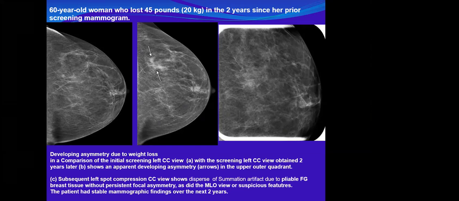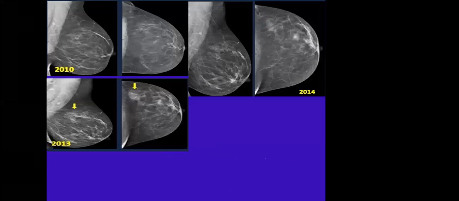The MLO is not there. Subsequent left spot compression shows it disappears, due to summation artifact or pliable fibroglandular tissue without the resistance of a focal asymmetry. No associated suspicious features, so they are just going to follow it. And it was stable over the next 2 years. So this developing asymmetry was only due to the weight loss.